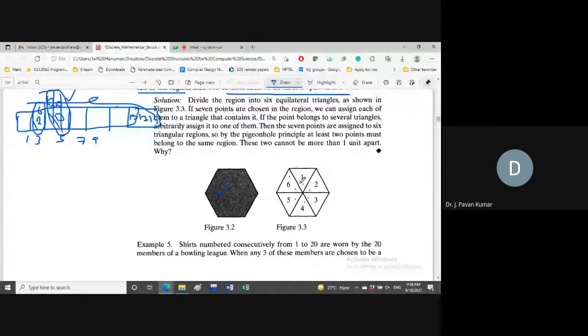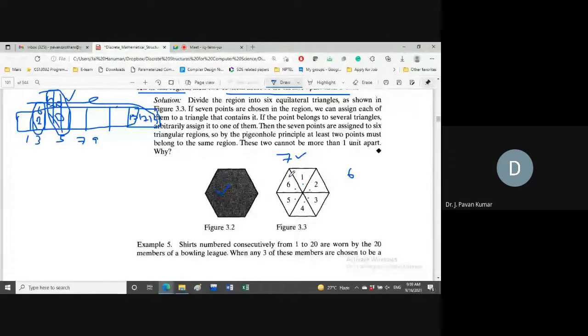Now what are the pigeonholes? These six equilateral triangles are the pigeonholes. What are the pigeons? The points that we choose are the pigeons. So we have seven pigeons and six pigeonholes. So definitely at least one pigeonhole will have more than one pigeon.